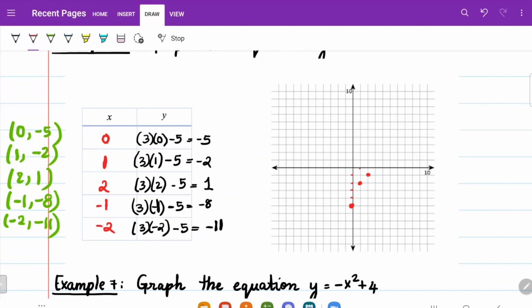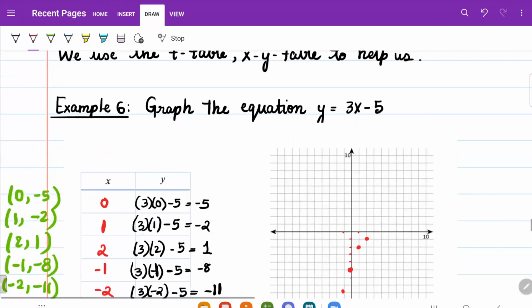And then we have minus 1 comma minus 8. This is minus 1 here. Give me 1, 2, 3, 4, 5, 6, 7, 8. So that is the point. And then minus 2, minus 11. This one is minus 2, and this one was 8, 9, 10, 11. So it is somewhere here.